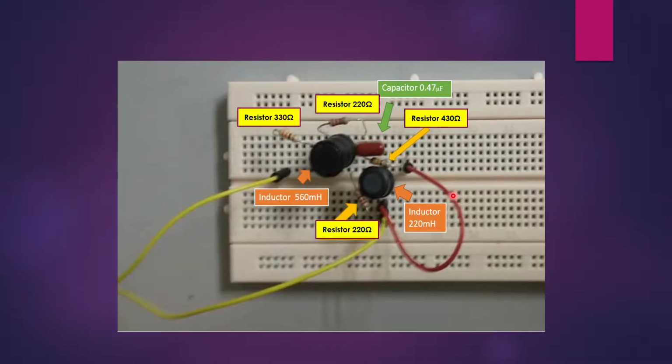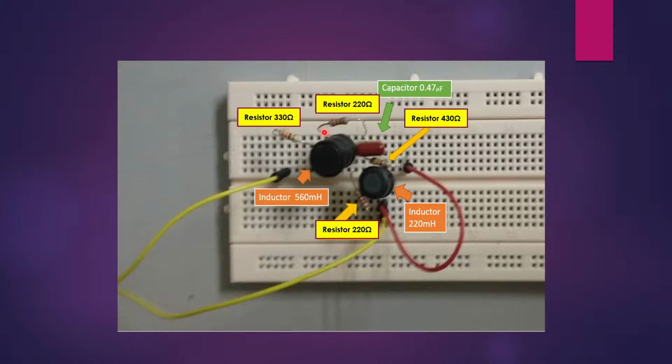And then we connected the components onto the breadboard according to the arrangement of the simulation. The yellow wire is the AC source. Then it is connected to the 330 ohm resistor and then connected to a 560 millihenry inductor and one resistor 220 ohm.